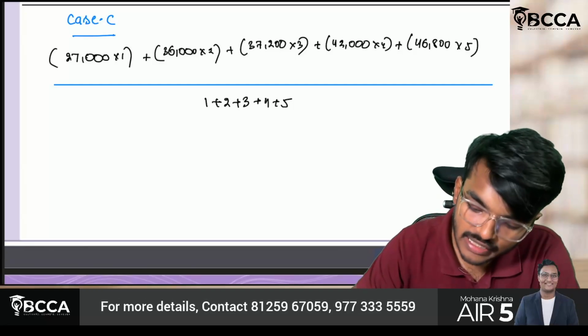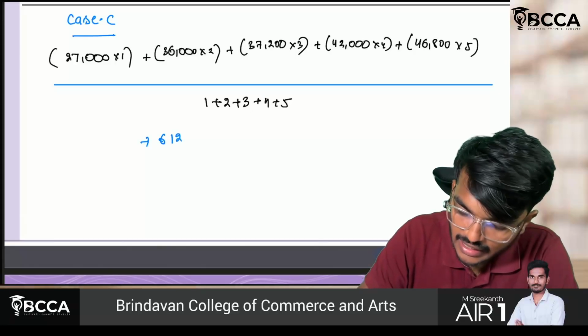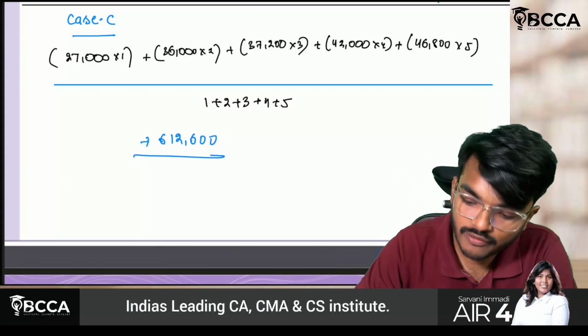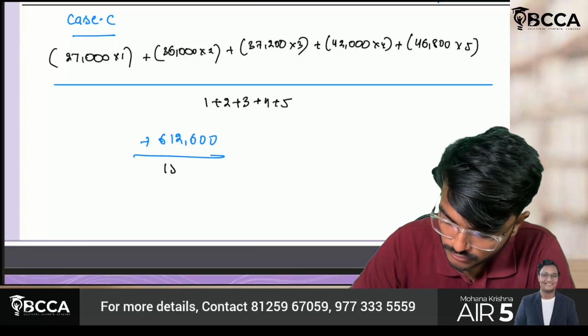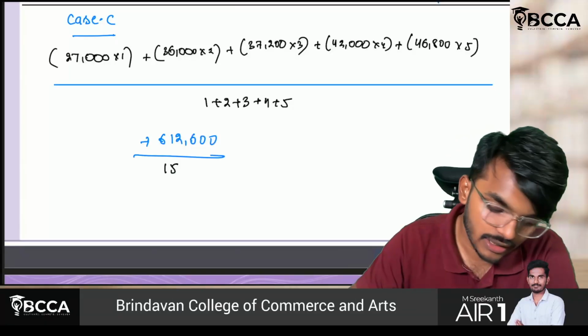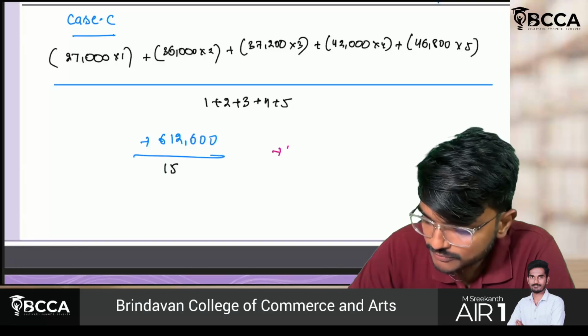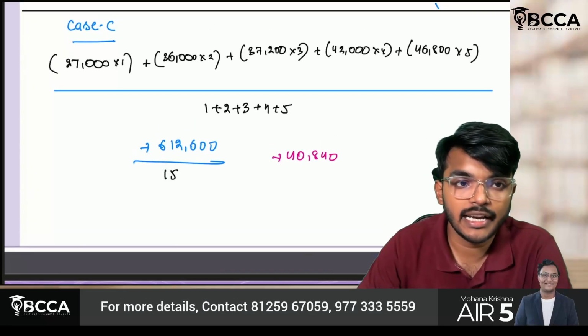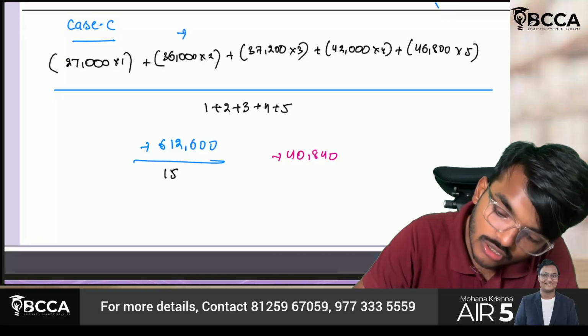In the numerator I will be getting 6,12,600 divided by 1 plus 2, 3 plus 3, 6 plus 4, 10 plus 5, 15. I will be getting 40,840. Please confirm if it is correct or not.